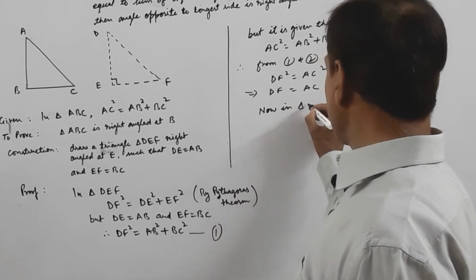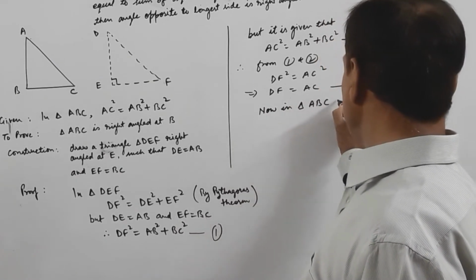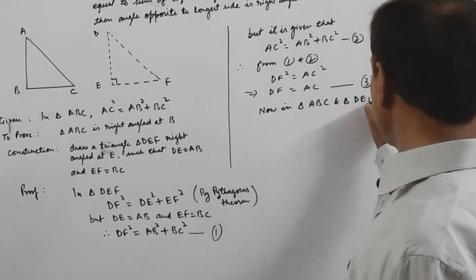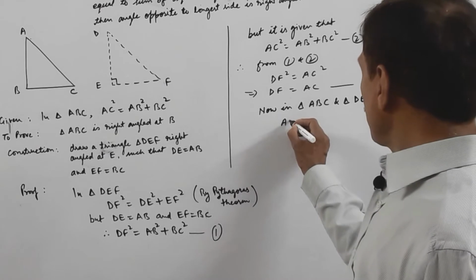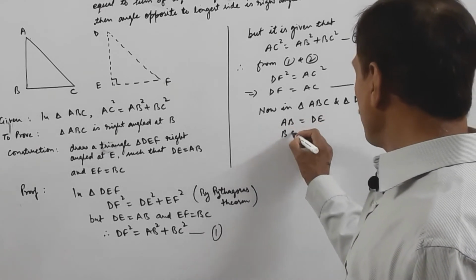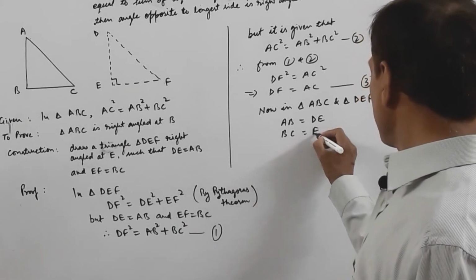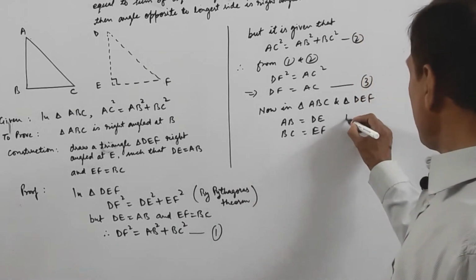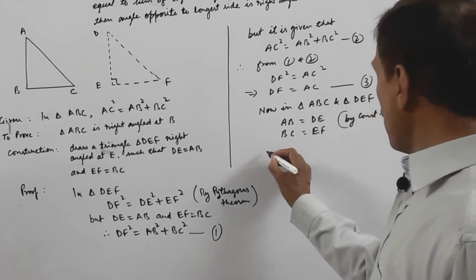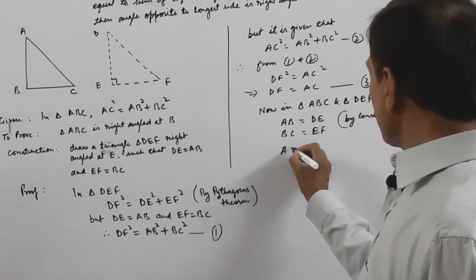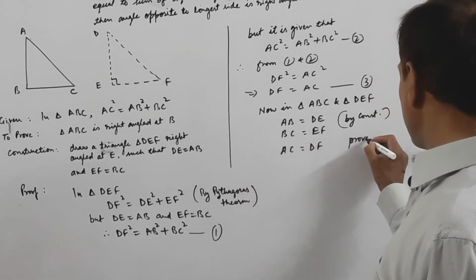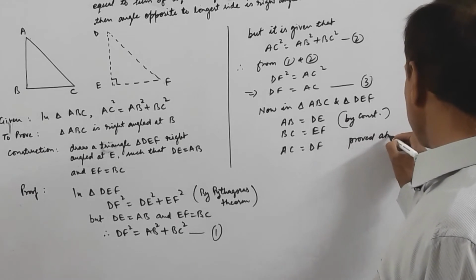Now, in triangle ABC and triangle DEF, AB is equal to DE, BC is equal to EF by construction, and AC is equal to DF, proved above.